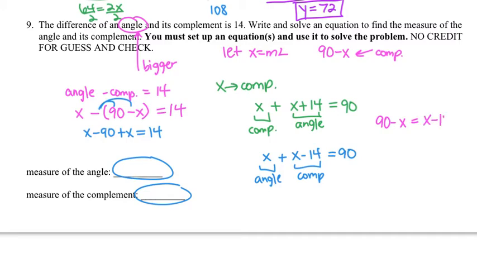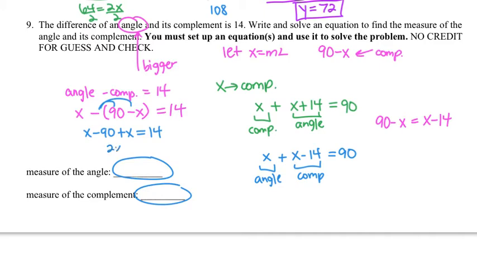So x minus 14, the angle minus 14, that's the complement, but I can also write the complement as 90 minus x. You can solve that equation. There are so many equations you can solve. Just for this one, you got to make sure that you realize that you had x as the complement rather than the angle. So solve any of those equations, and it will work.